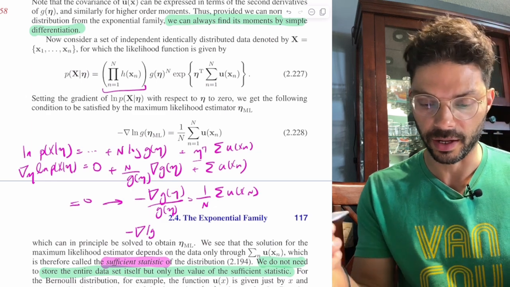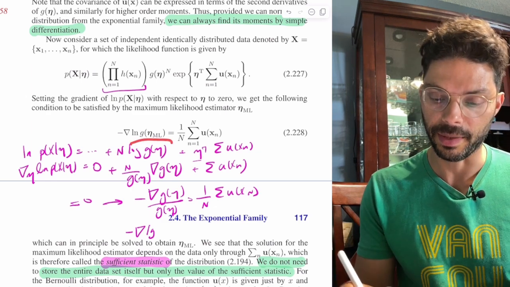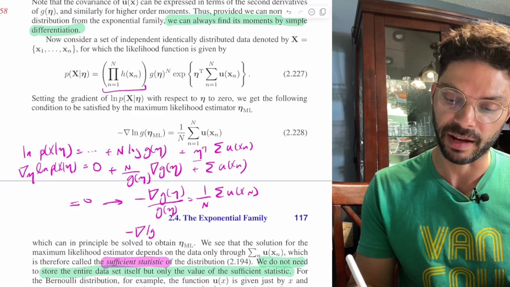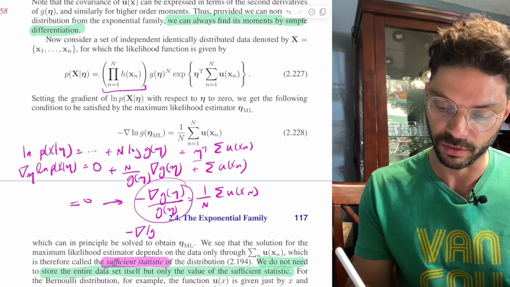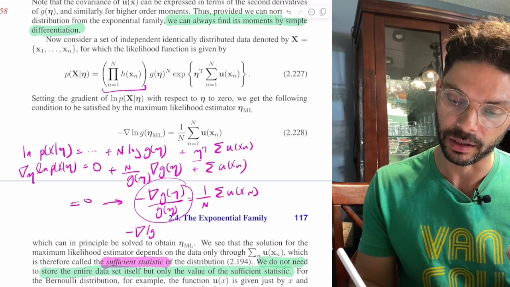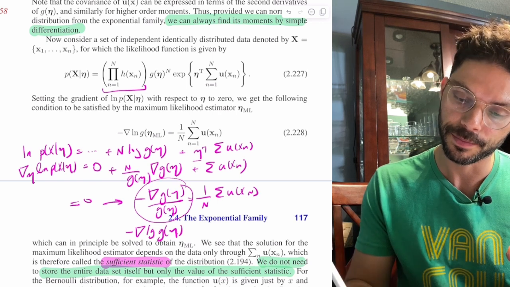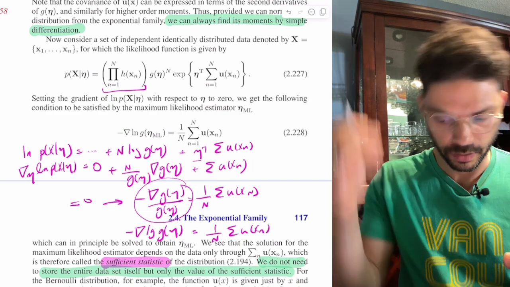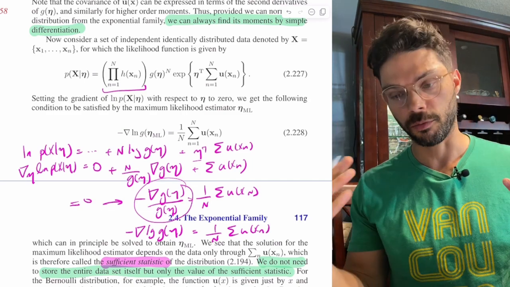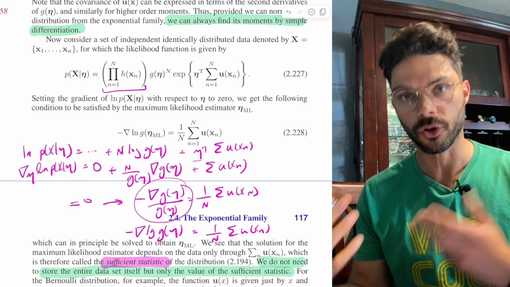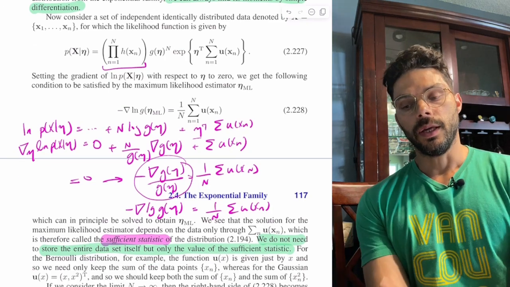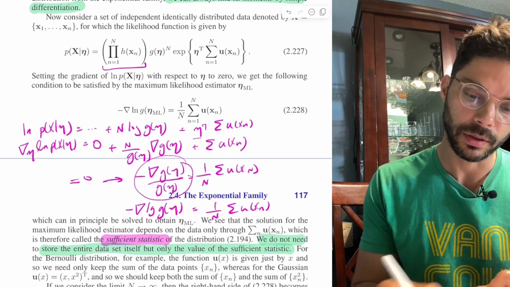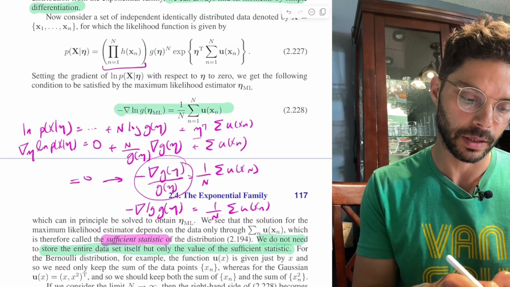I guess I didn't even actually have to do this step, as I would now be going back to this form, but anyway. So minus the gradient of log of g of eta is equal to 1 over n sum of the contributions of that u of x, the average contribution from each of those data points. Okay, so that's where we get this expression from, and let me erase everything else.